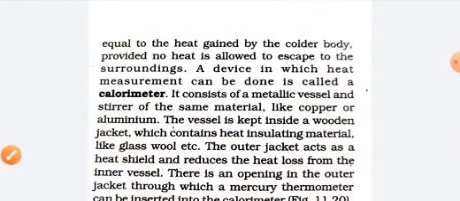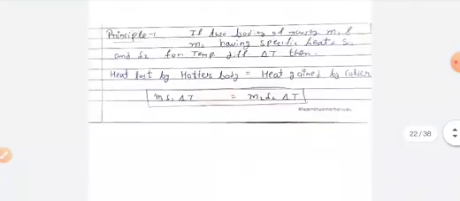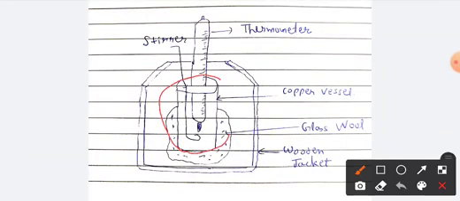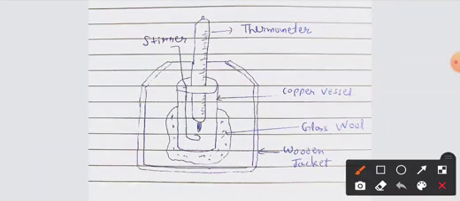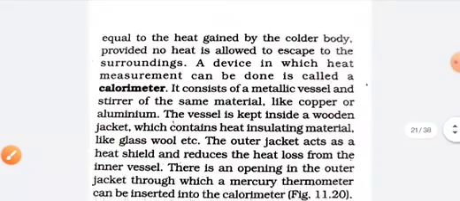That device is called the calorimeter, in which we can measure this temperature. It consists of a metallic vessel and stirrer of the same material. This is the calorimeter. This is the metallic vessel we are using here. It is copper, and the stirrer is also made up of copper.